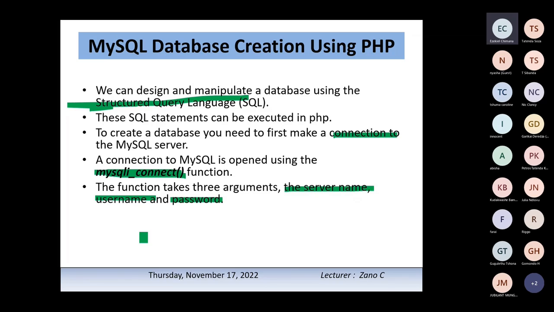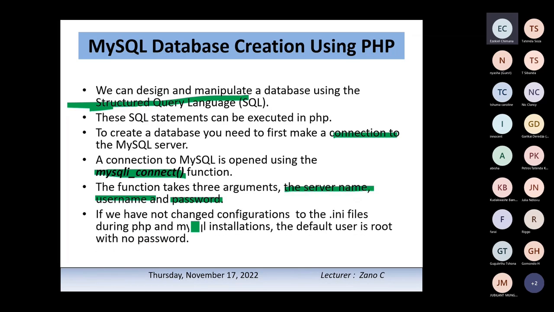If you have not changed the configurations in the .ini file, which is the PHP configuration file, during PHP and MySQL installation, the default user is root with no password. So the default details for login to the MySQL server are root with no password.